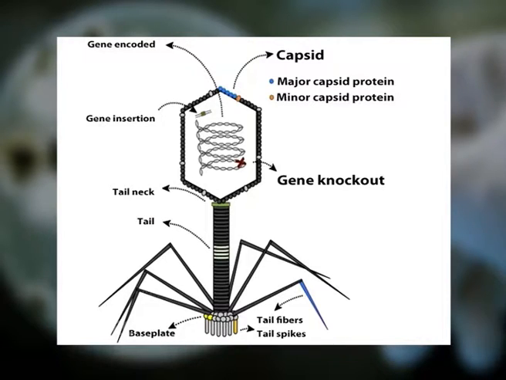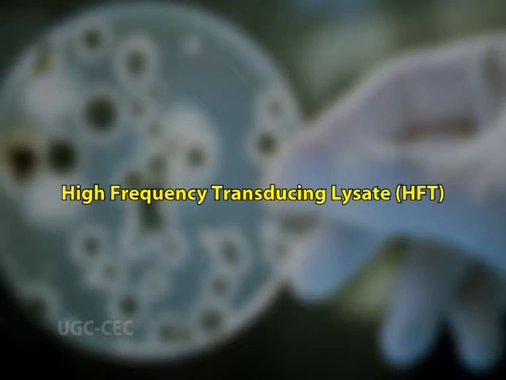If this specialized transducing phage co-infects a new host together with a wild-type phage, a dilysogen can result. Induction of the dilysogen yields a lysate containing 50% specialized transducing phage and 50% wild-type phage. Thus, this lysate is called a high-frequency transducing lysate, or HFT.